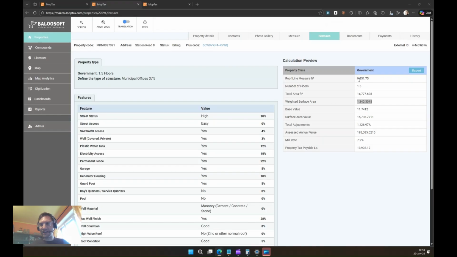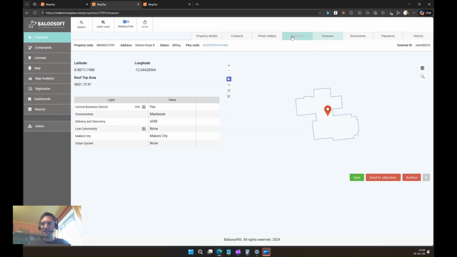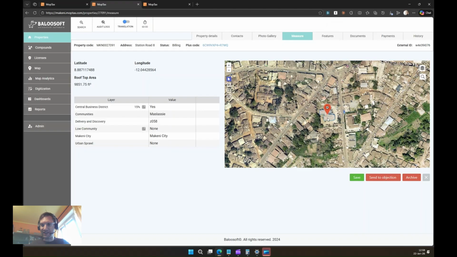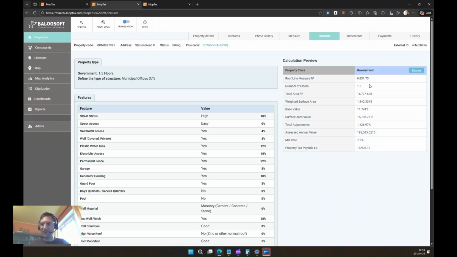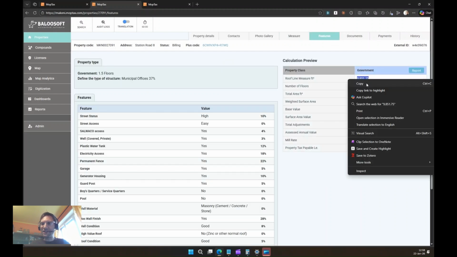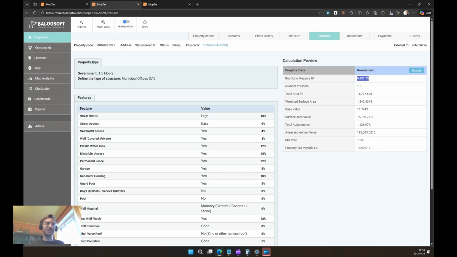The first component of it is the actual roof outline area. If we calculate how much area is within this roof outline, which is the outline of the rooftop, we see that that is 9851. We also see that here, 9851. And we can calculate the weighted surface area ourselves with that.